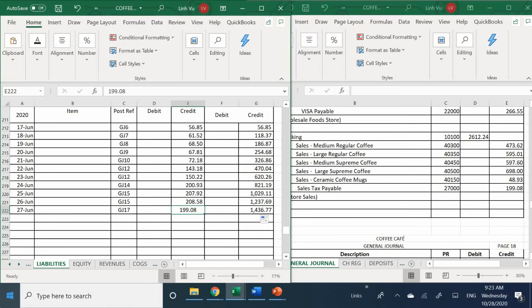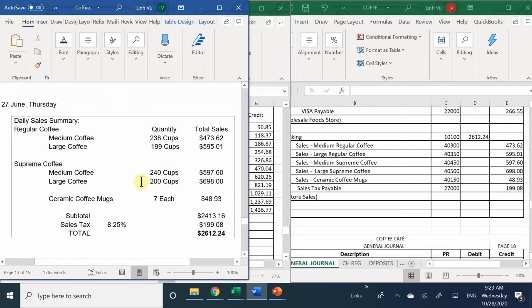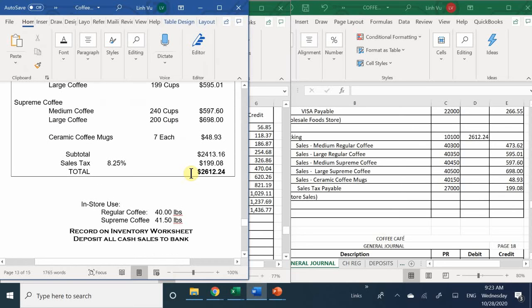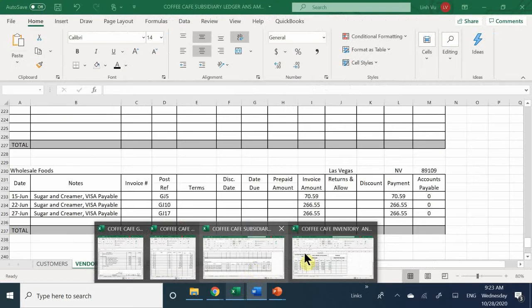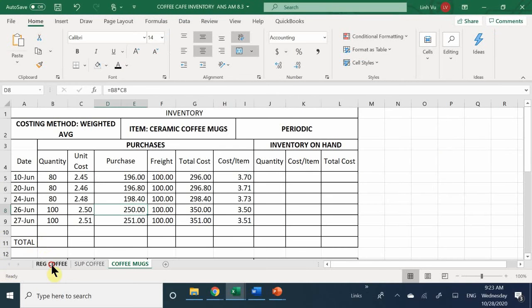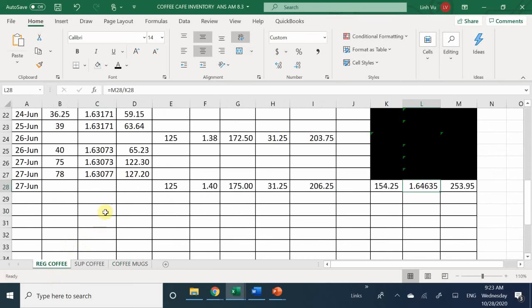Inventory. All right, so let's first look at how much we actually used. So we used 40 and 41 and a half pounds. So how much regular coffee did we use?